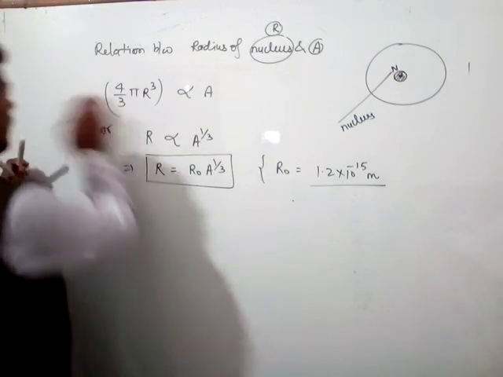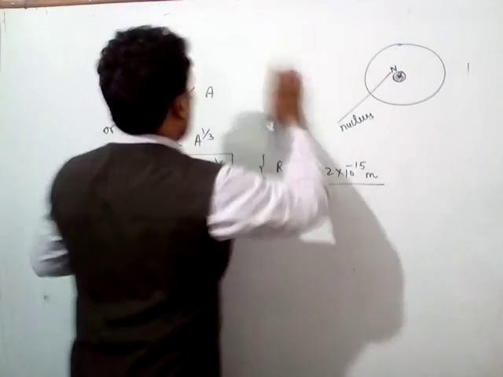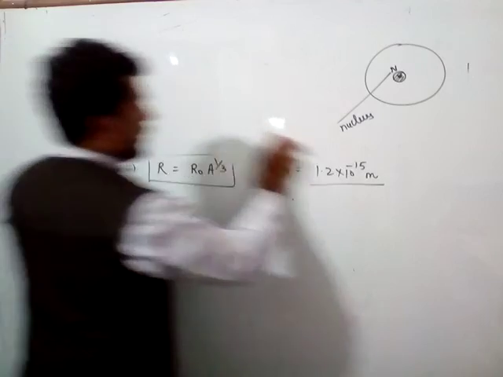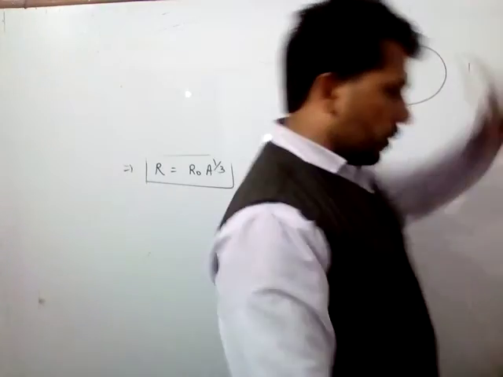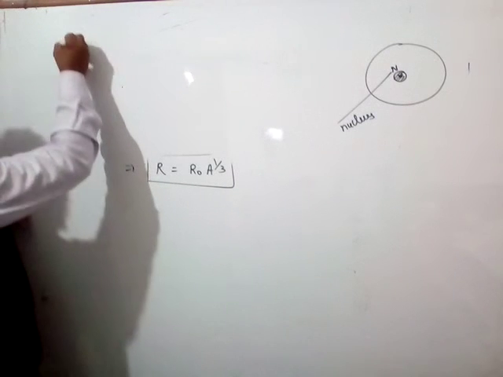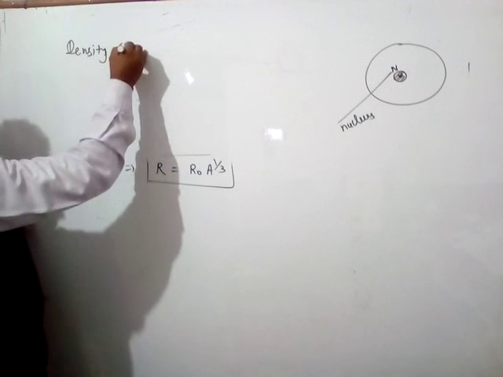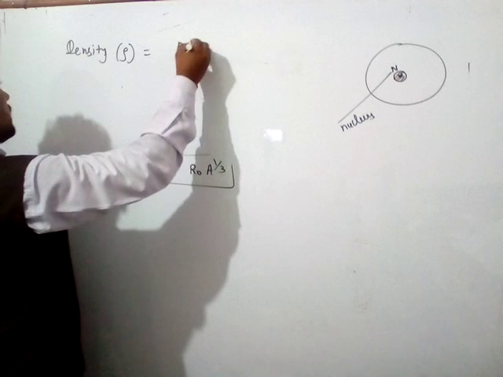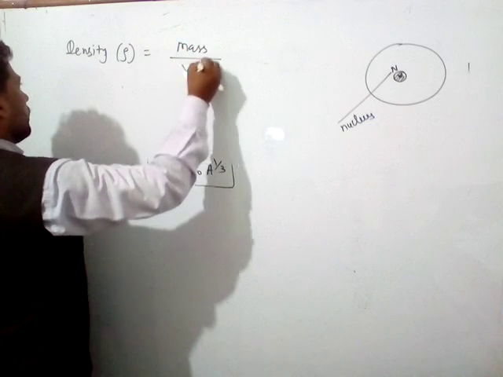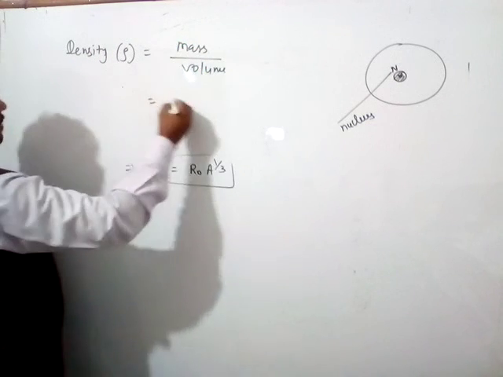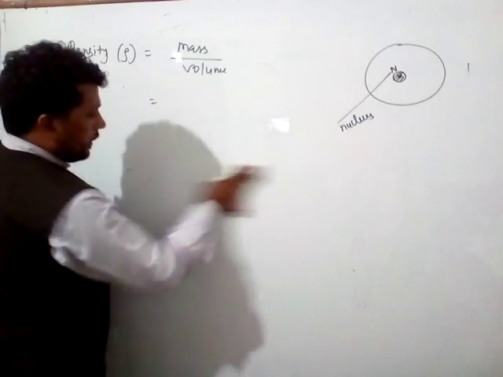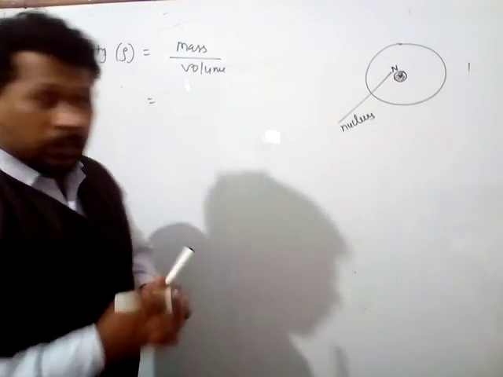So now if we want to find the density, okay, so density rho is equal to mass upon volume. You know that mass is A, that is in the form of atomic mass unit.